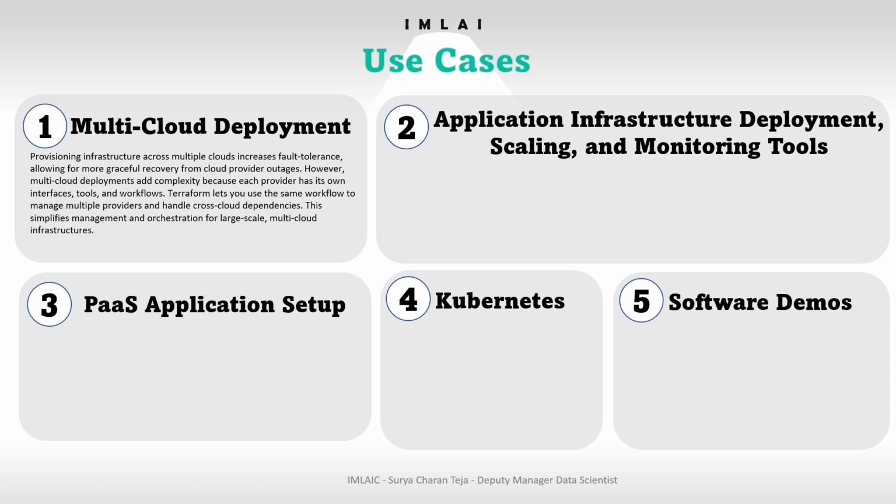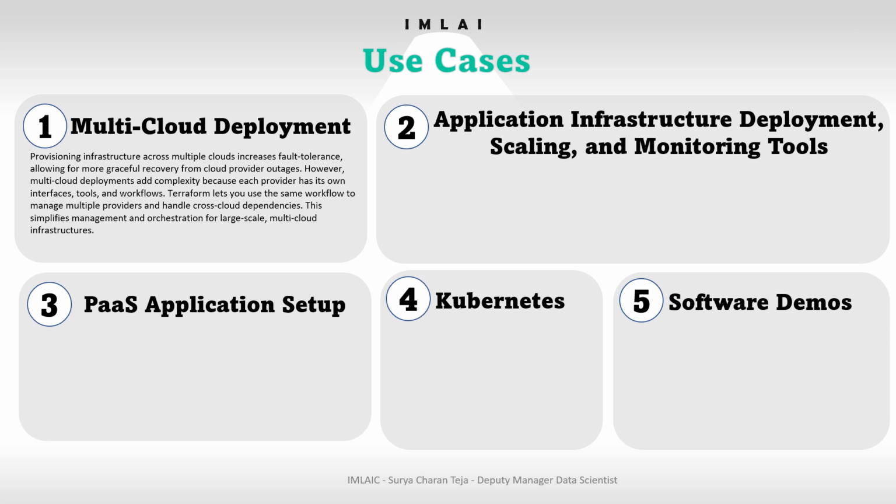Multi-cloud deployment adds complexity because each provider has its own interfaces, its own tools, and its own workflows. If you see the Google Cloud Platform, their interface is different. Amazon Web Services, their interface is different, and IBM is different, and Azure is different. I have worked on, by and large, all of the cloud platforms that I have just mentioned. Each of their interfaces is different, tools are different, and workflows are different.